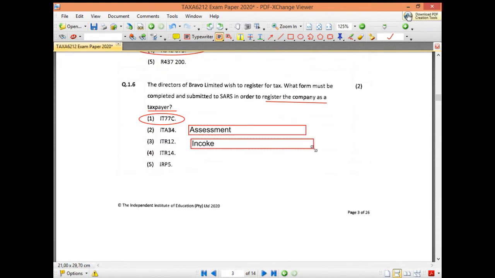This is income tax return on individual. Income tax return for a company. And this is employee tax for an individual.